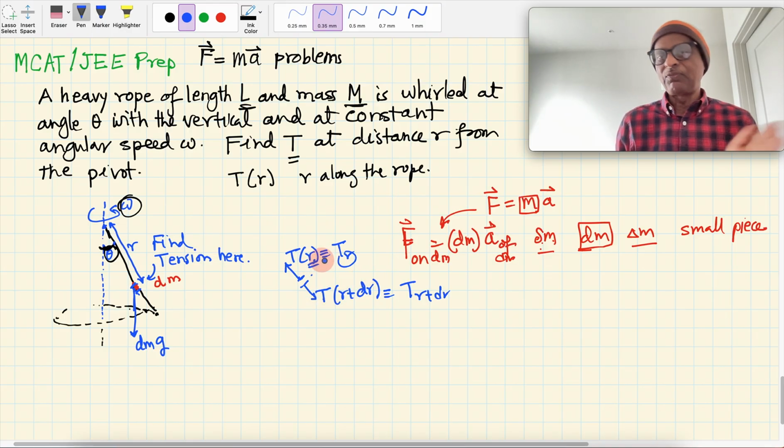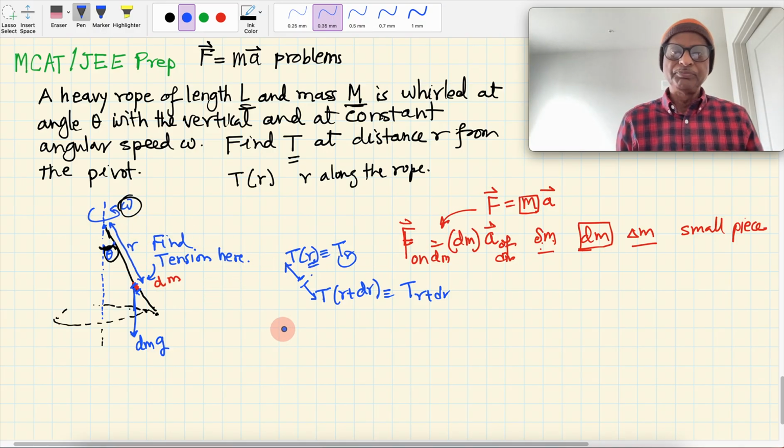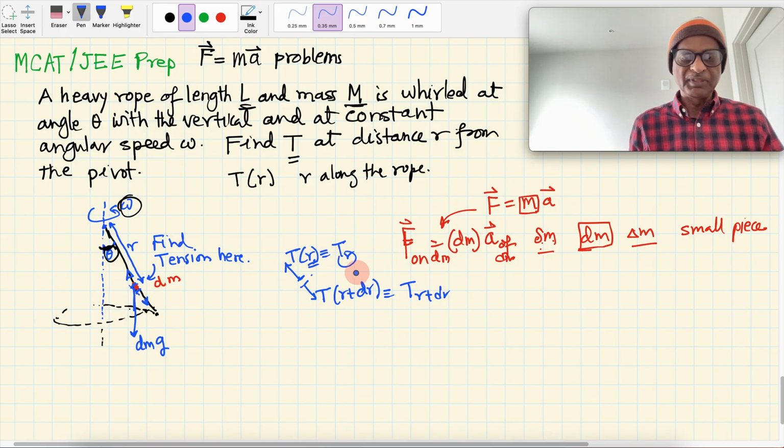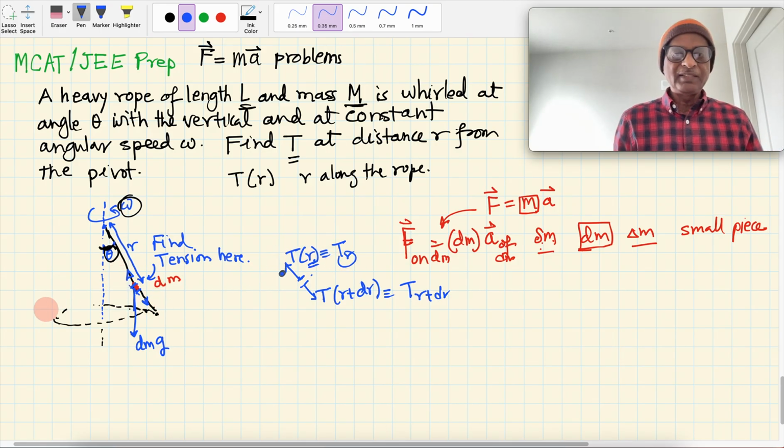This R looks like a function. It's fine because we're looking at distance measured from there along the rope. So these are two. Let's call it. So there's a tension that way, and there's a tension that way, in the opposite direction, but there are two of them, and there's nothing else applying force on it.